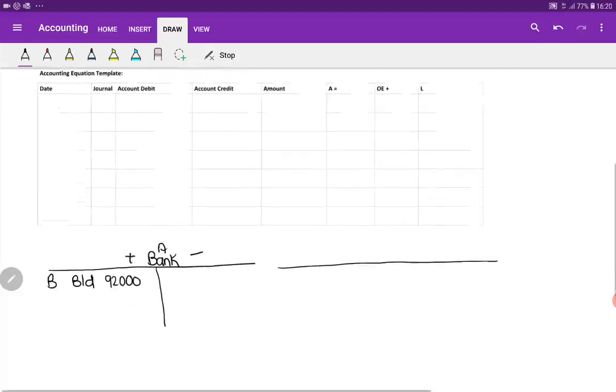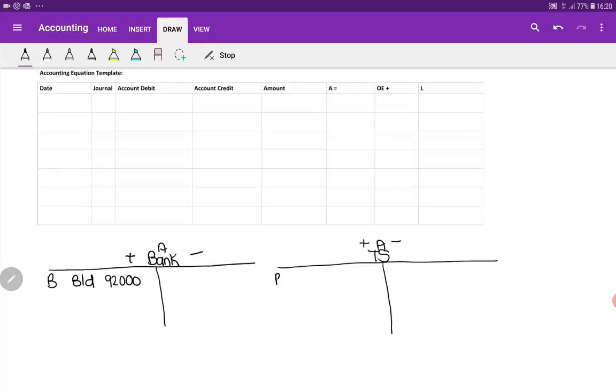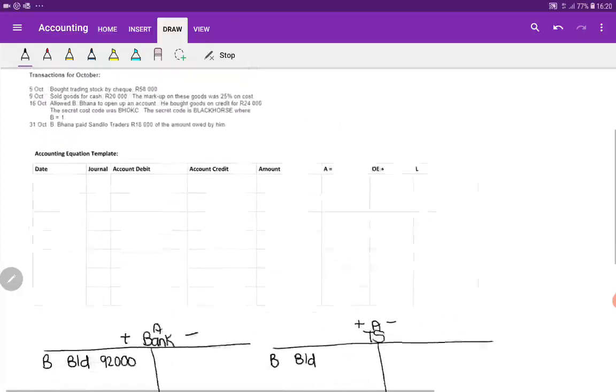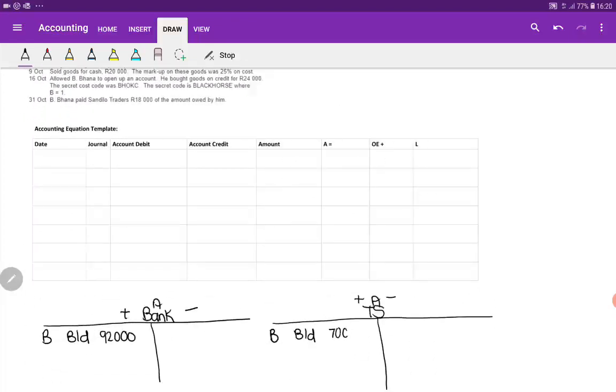Trading stock is an asset plus minus, and it has a balance brought down of 70,000. Now you can make yourself a note and use this as a base to work from. When the business receives money, bank is always debited.